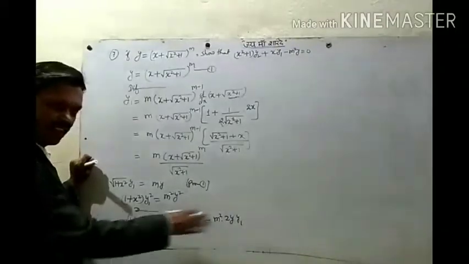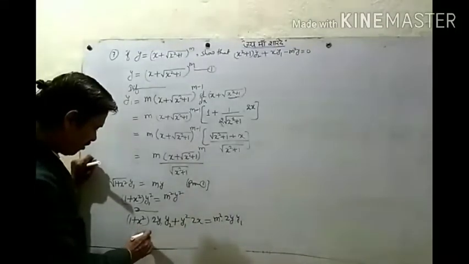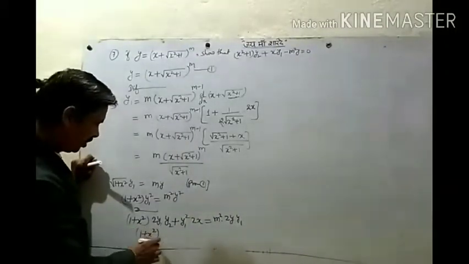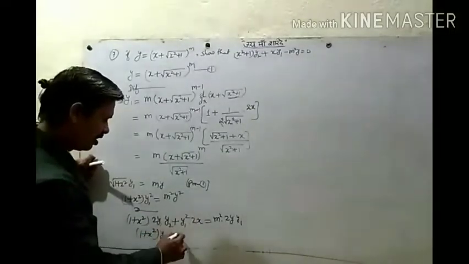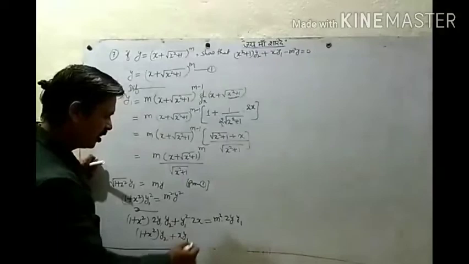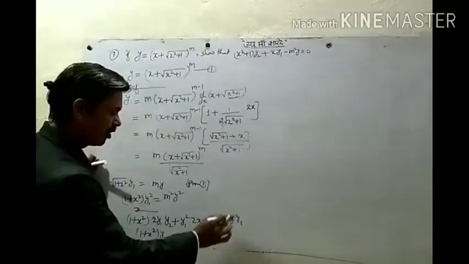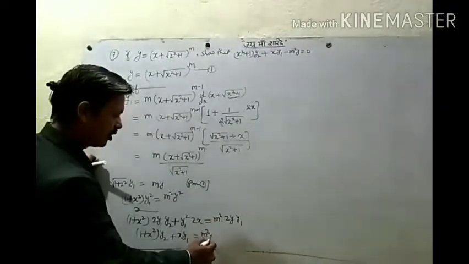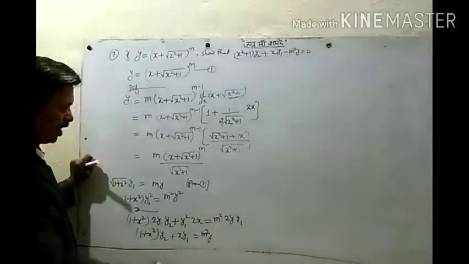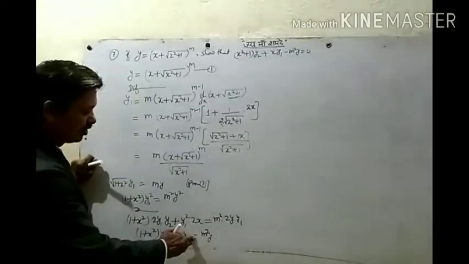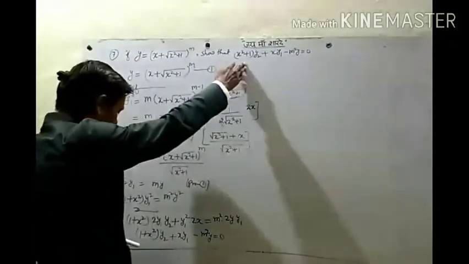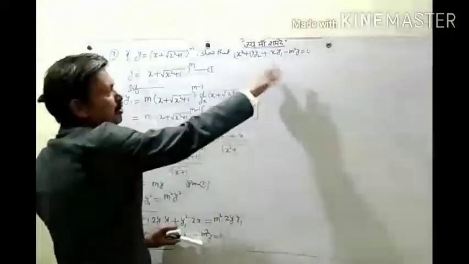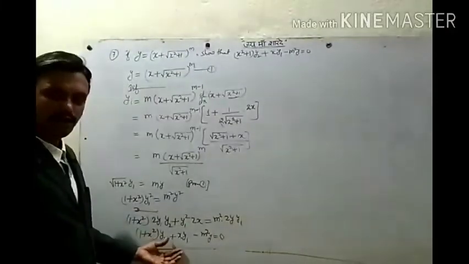So if we divide by 2y1, we get here (1 plus x square) y2 plus x y1, equals m square y. If you bring m square y here, you get (x square plus 1) y2 plus x y1 minus m square y. So this is what we had to show.